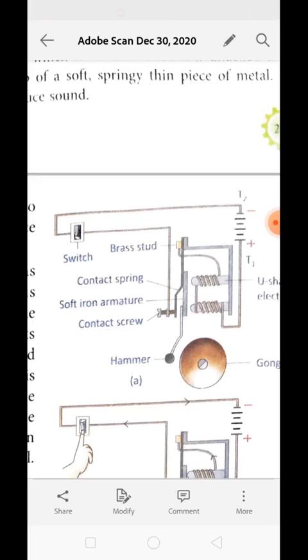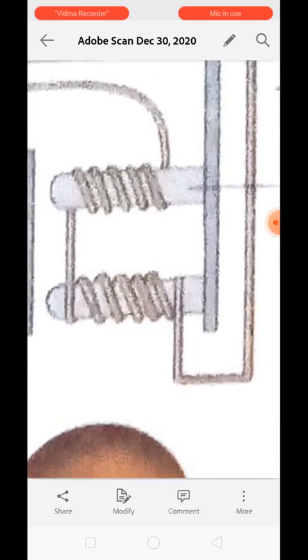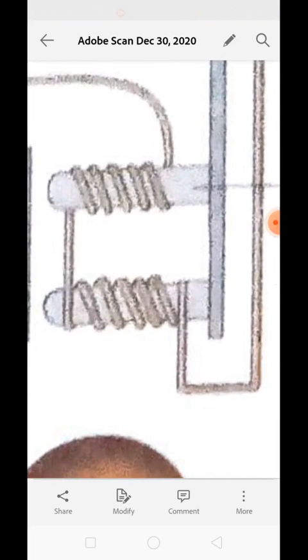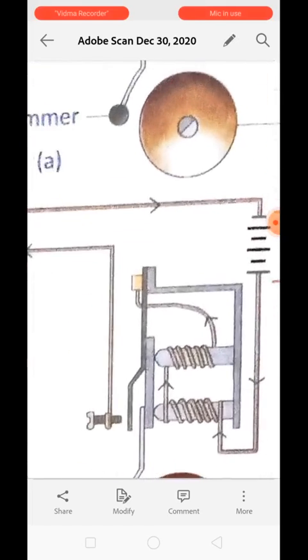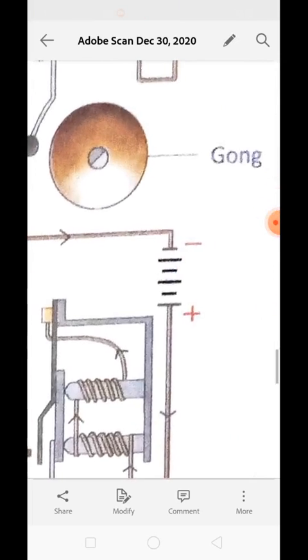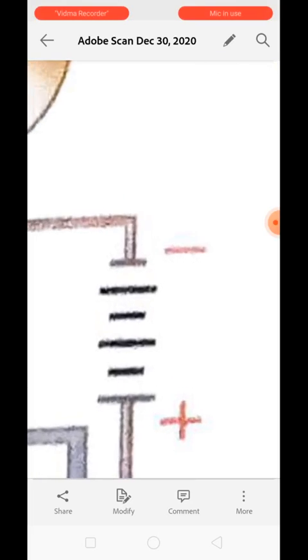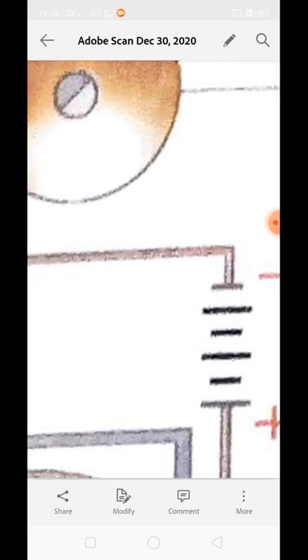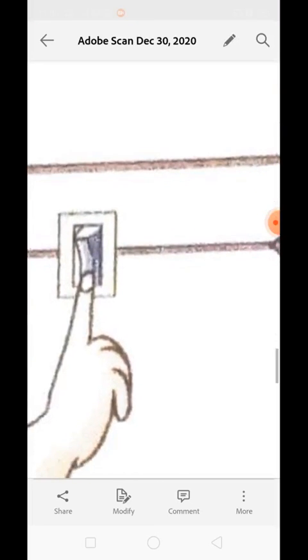In this condition, obviously this U-shaped electromagnet will behave as a magnet. Now see over here, what is the difference in this second figure? The minus sign which is indicated is the T2 terminal. It is connected with the electric bell switch.